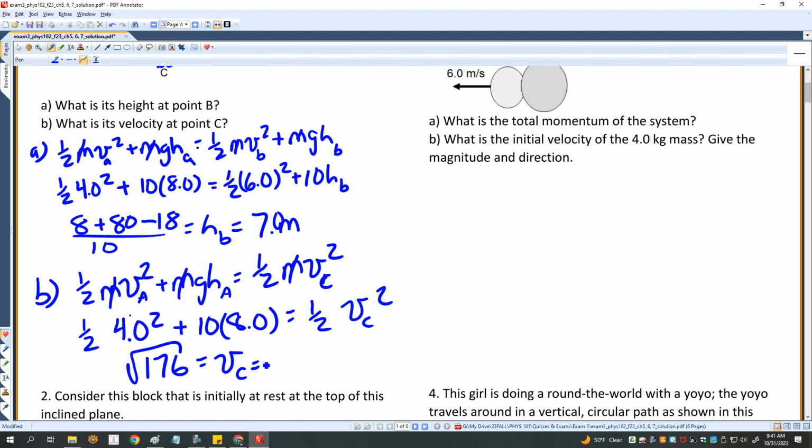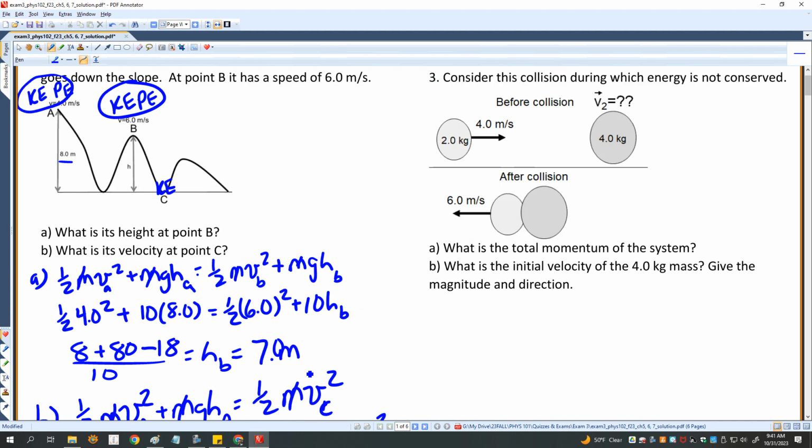I get 13 meters per second, which again makes sense because it should be going faster than it is here.